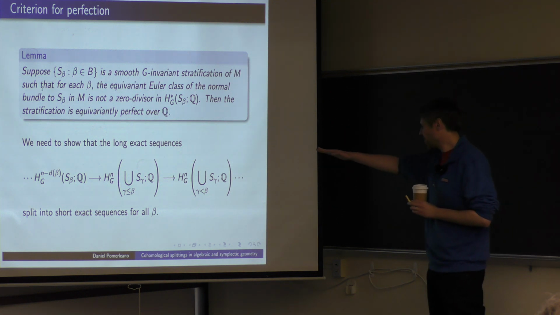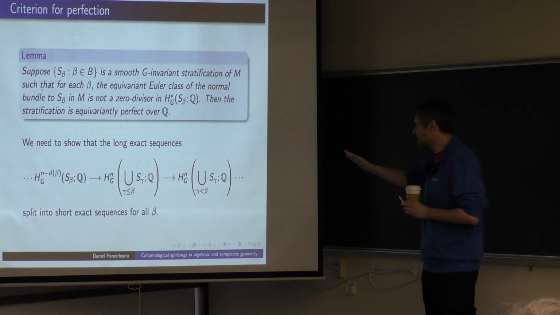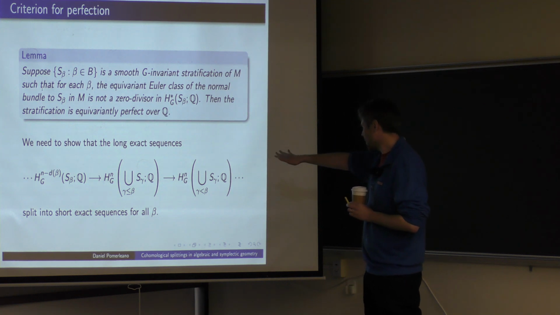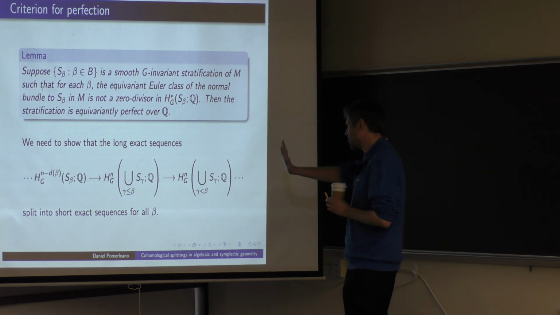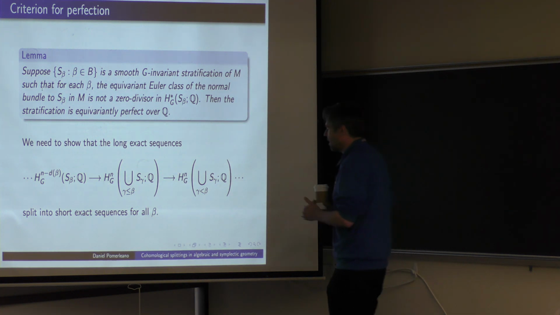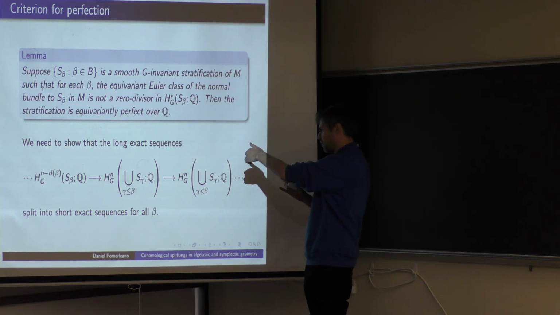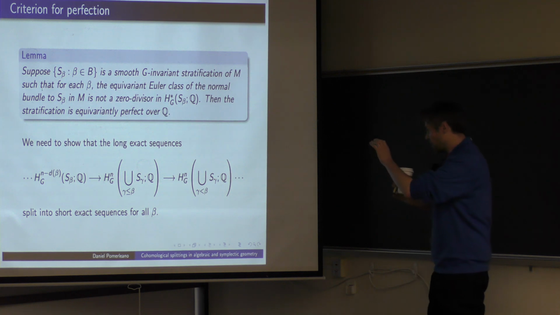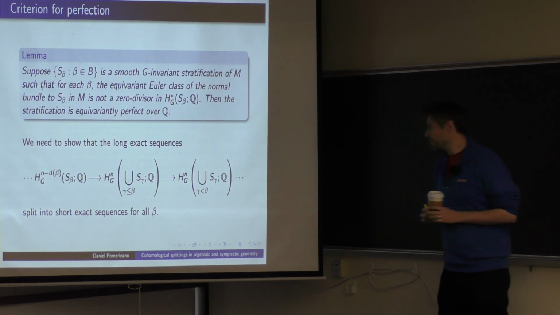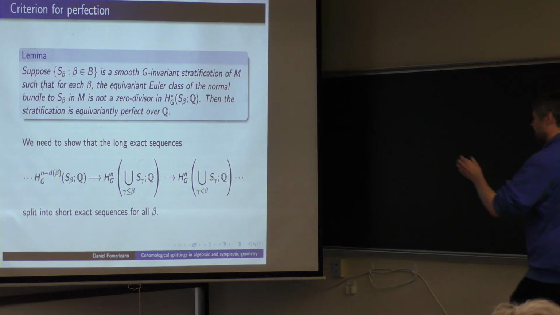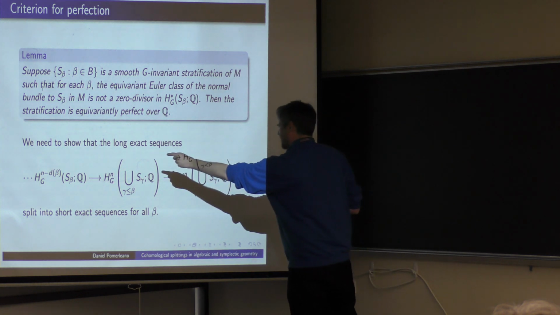Using the Thom isomorphism, you get a long exact sequence as you imagine adding on a stratum one at a time. By the Thom isomorphism, the relative cohomology of adding on that additional stratum gets identified with the shifted cohomology of that stratum, and you want to show that this map here is injective.